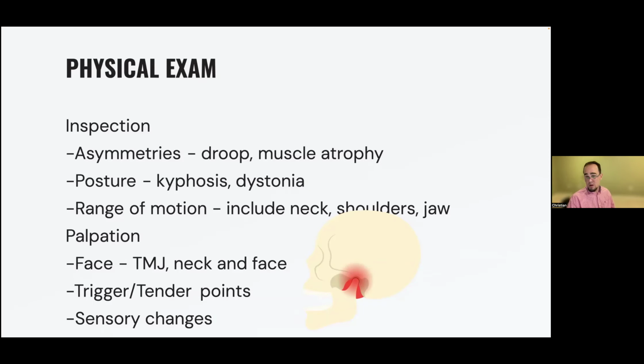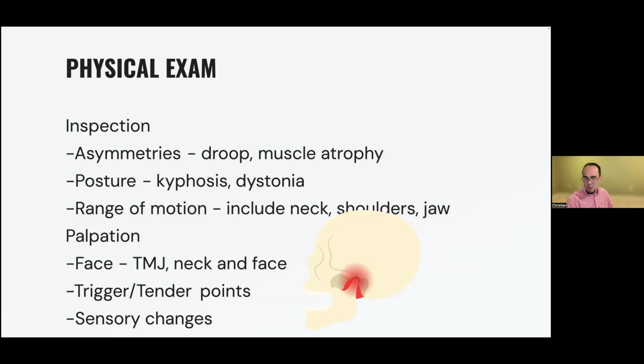We will evaluate the range of motion of everything, including the head, the neck, shoulders, and potentially ask the patients to open their mouth so that they can show us the range of motion of the jaw. Then we will proceed with palpation, palpating the temporomandibular joint, the neck itself, the face, looking for any triggers for pain, any tender points, any sensory changes.